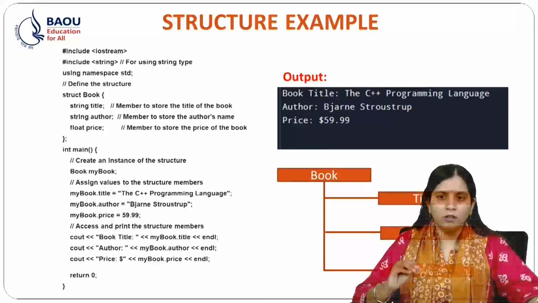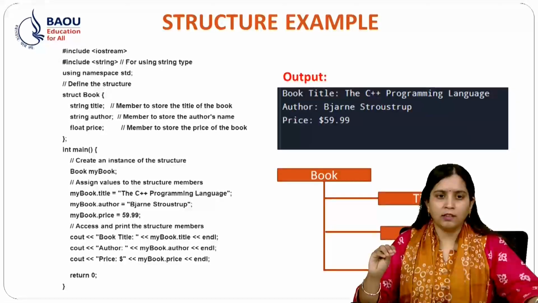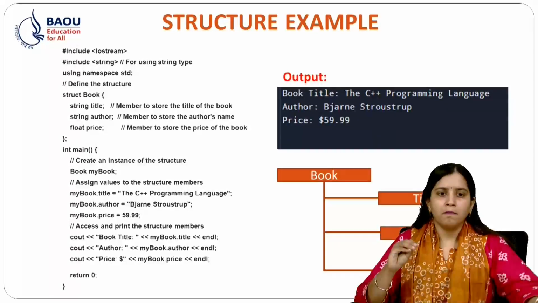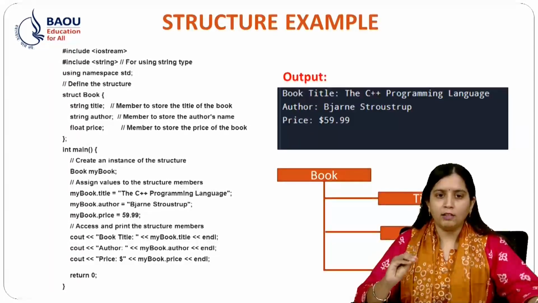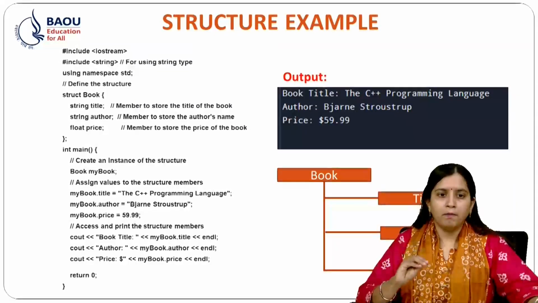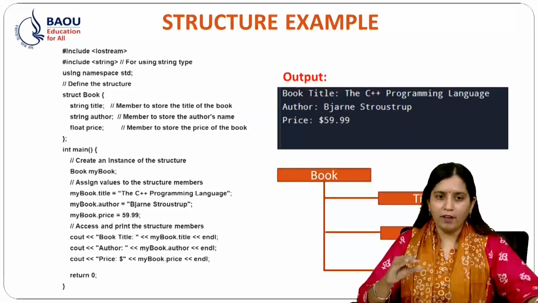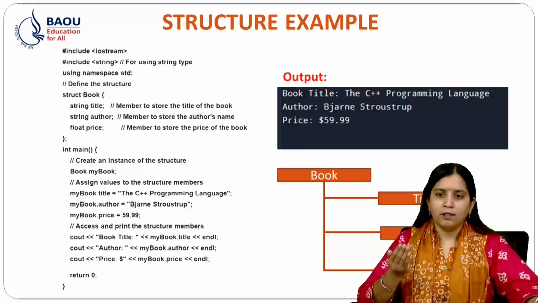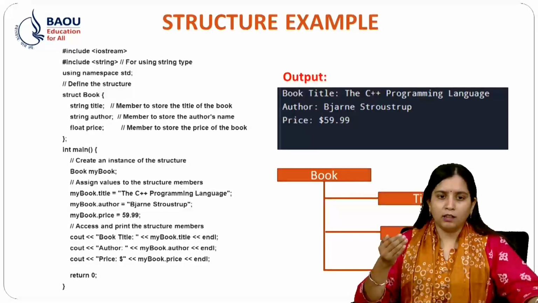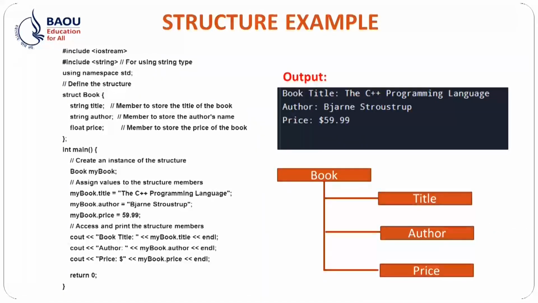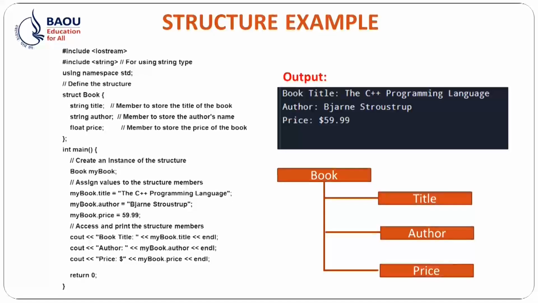That is, my book dot title has C++ programming language. My book dot author has Bjarne Stroustrup. My book dot price has $9.99, and so on. And after that, we are just displaying the things on the screen. So whenever I run this program, I will get the output as shown on our screen.